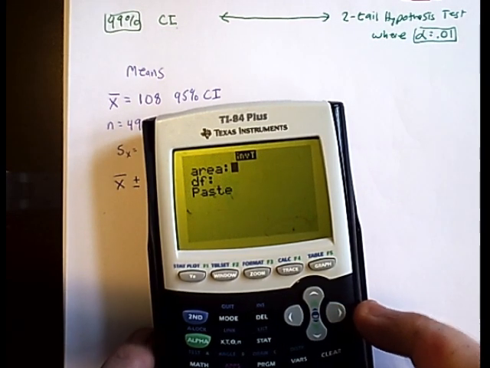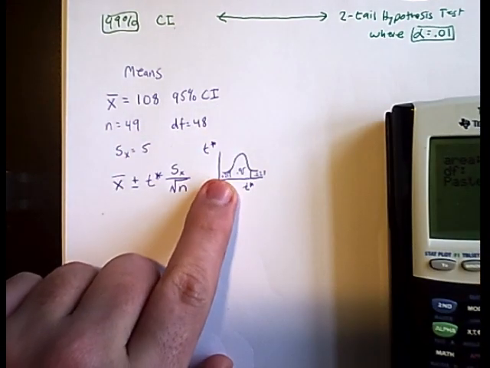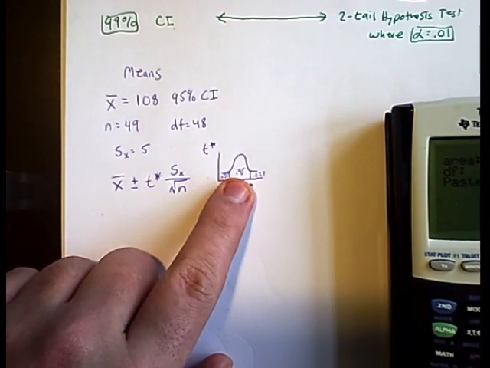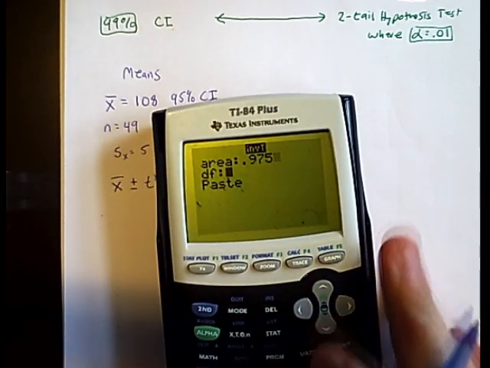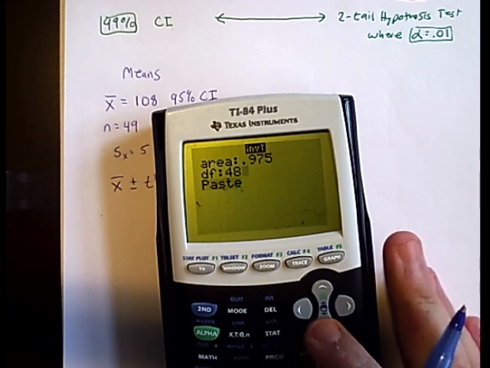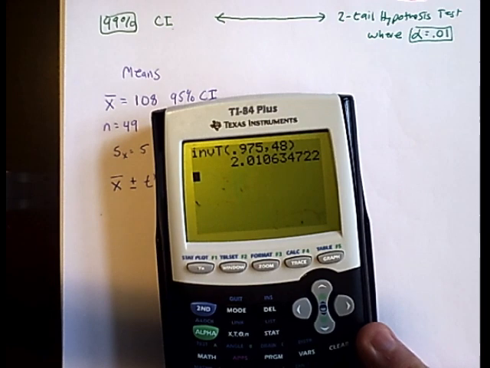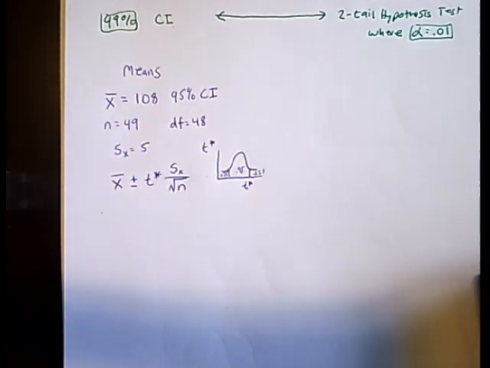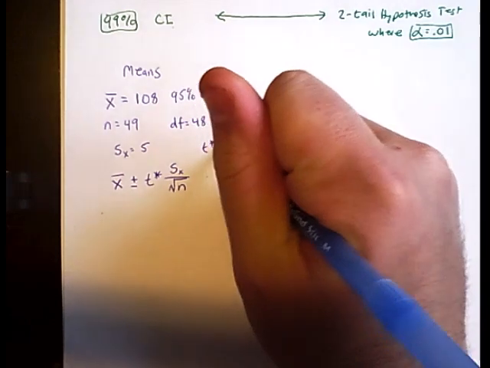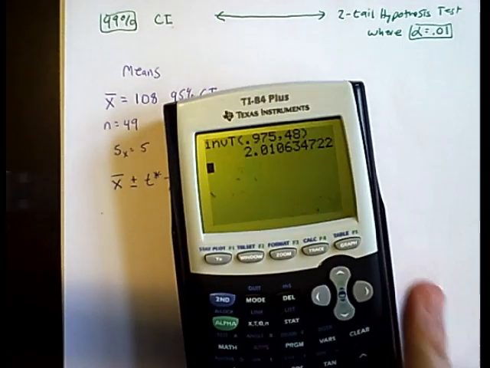This is a t distribution. The area is actually 0.975, so we have to add that 2.5% to this 95%. The degrees of freedom is 1 less than the sample size, so 49 minus 1 is 48. I would paste it, and I would get a t star of 2.0106. In my calculator, I'm going to store that as t.